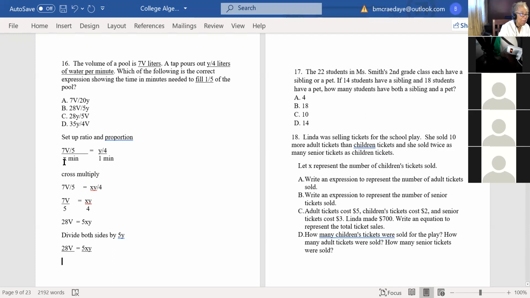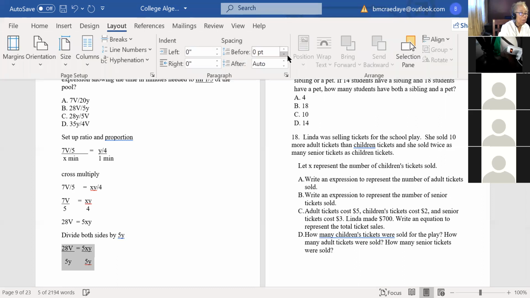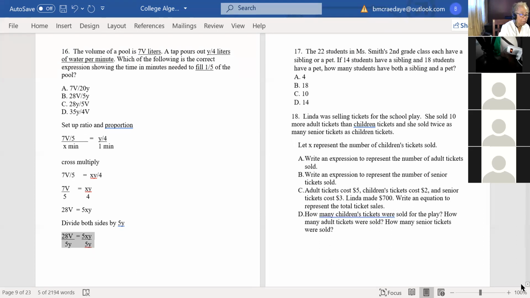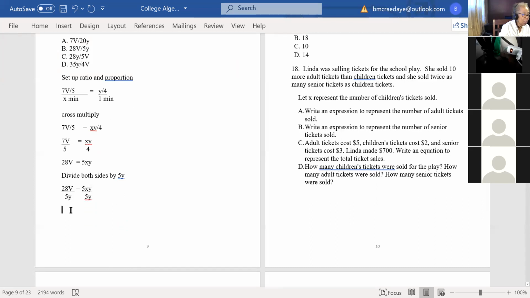Remember, X was the number of minutes to fill 1/5. So what do I have on the left side? Latoya, what's left? Just what you have here, right? And then 5Y over 5Y. So what I'm left with, let me just copy this.